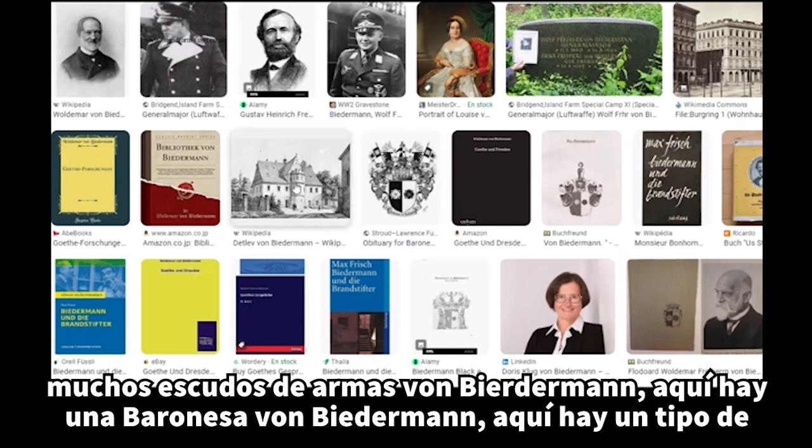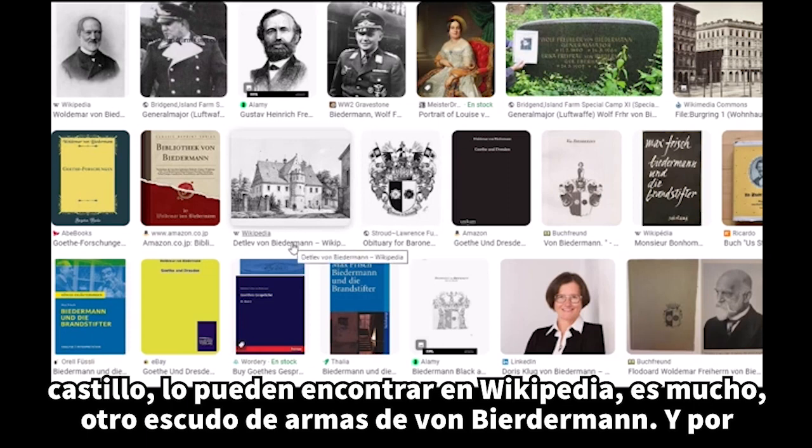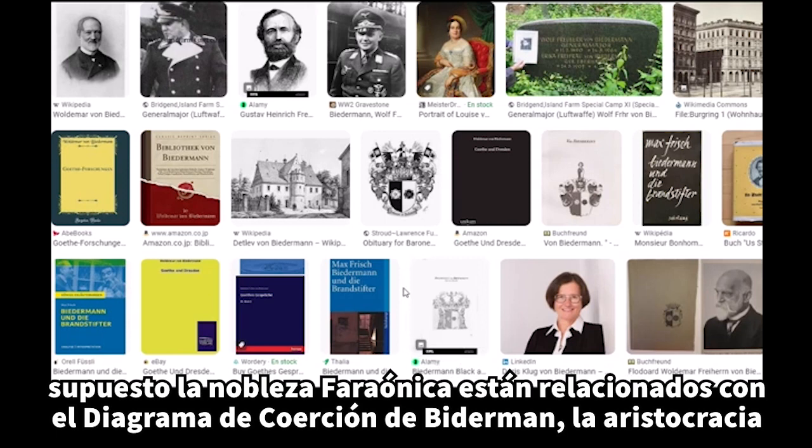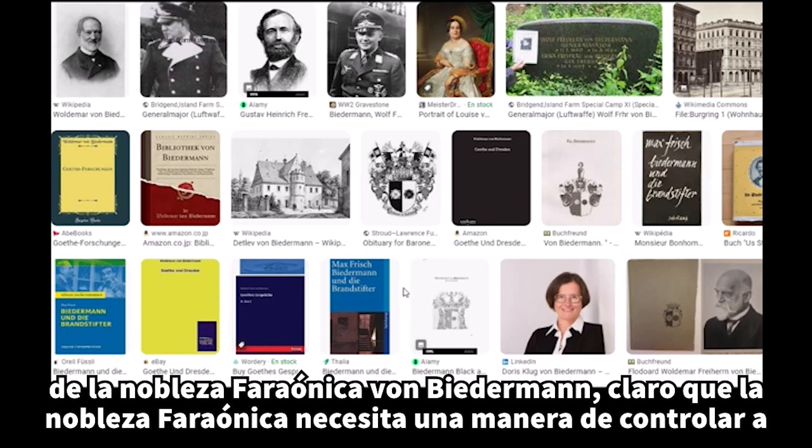Here you got a sort of a castle. You can find it on Wikipedia, and it's a lot. Another coat of arms von Biderman. And of course, Pharaoh's nobility, concerning the Biderman's chart of coercion, the aristocracy of Pharaoh's nobility of von Biderman.